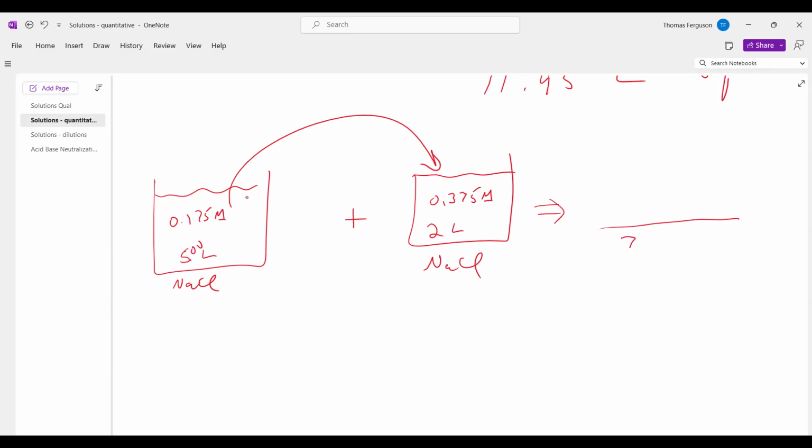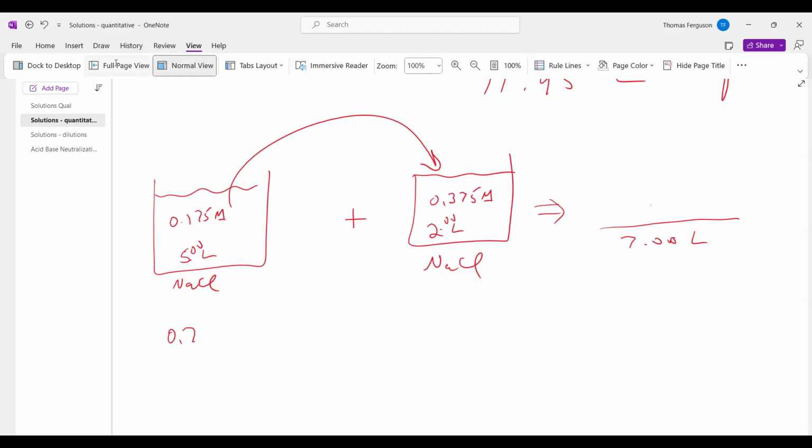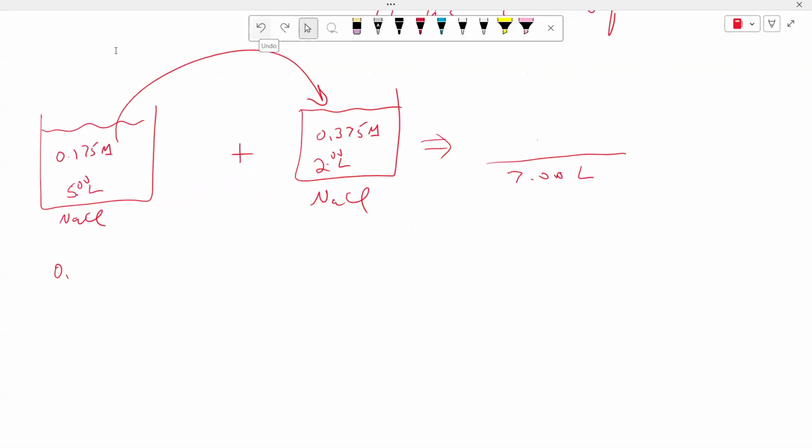Let's say that's the easy part. What's our new moles? Well, we have to calculate moles of each one, add them together, and that's what's going to go on here. Okay. So we have, okay, that gets us moles of sodium chloride.